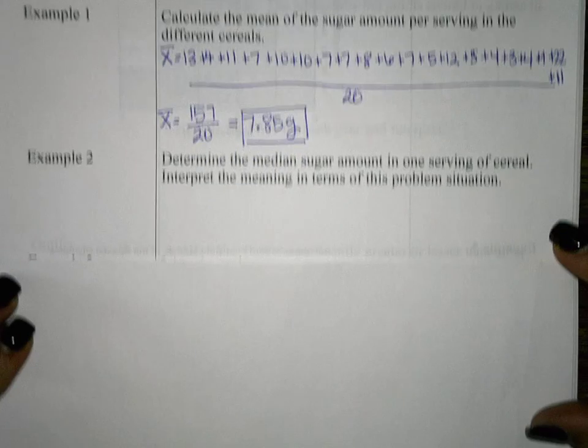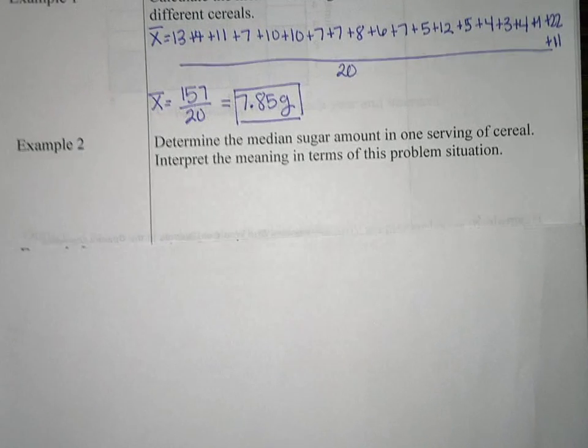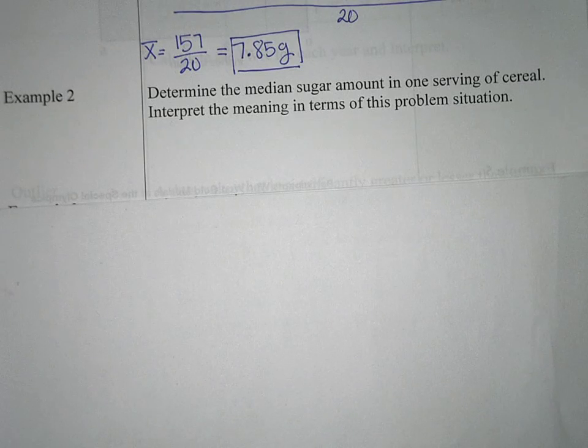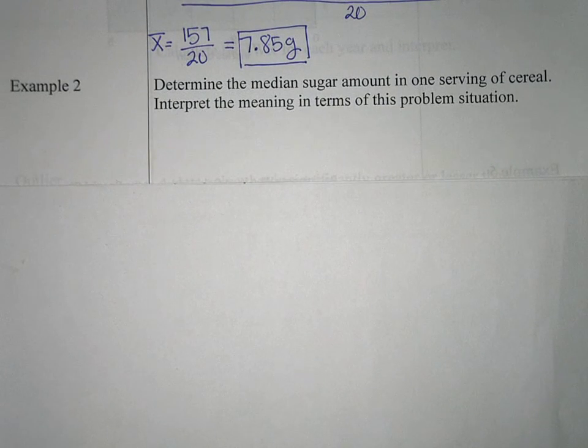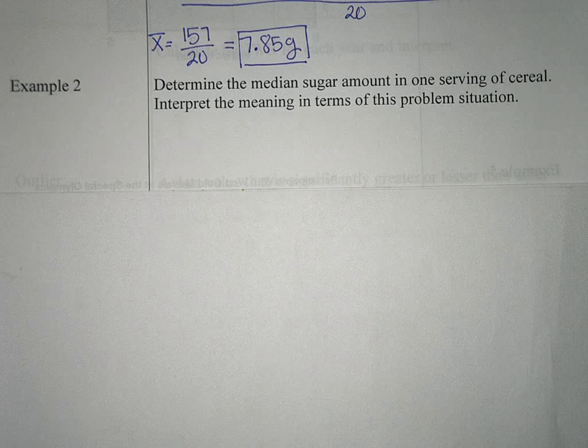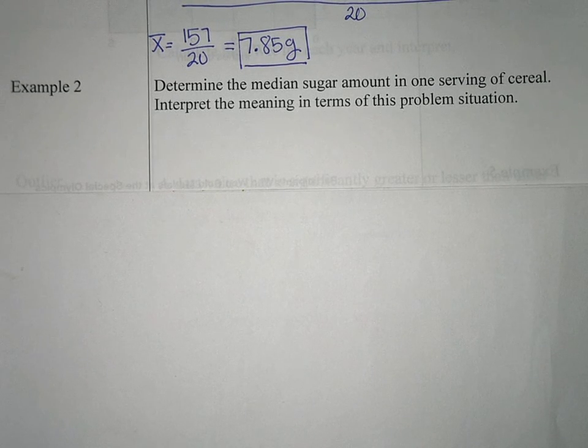Example 2. Example 2 wants us to determine the median sugar amount in one serving of cereal, and then interpret its meaning in terms of the problem. So same thing, we're going to list all of the amounts of sugar, but you want to list them in numerical order from smallest to biggest.